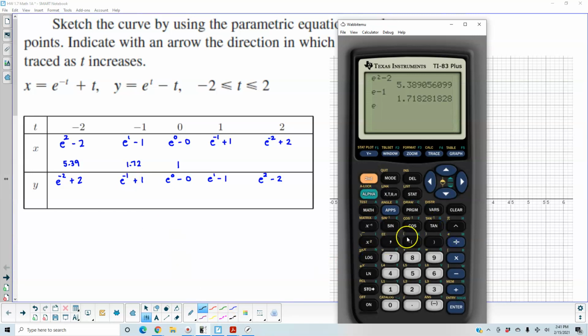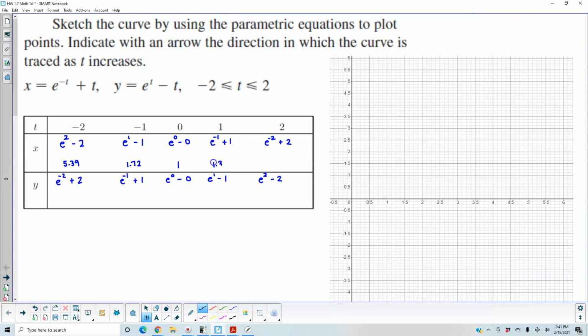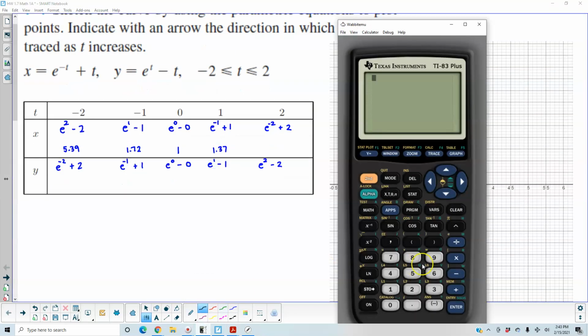And then e to the negative 1 plus 1 gives us 1.37. And then e to the negative 2 plus 2 gives us 2.14.